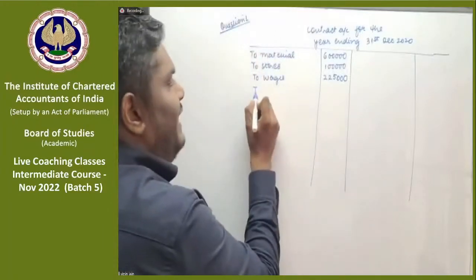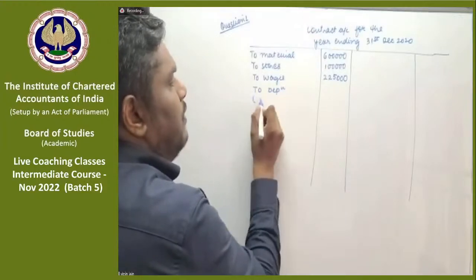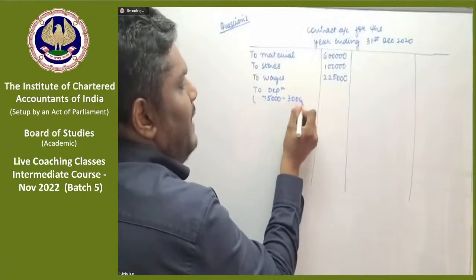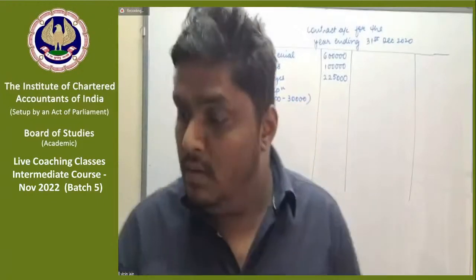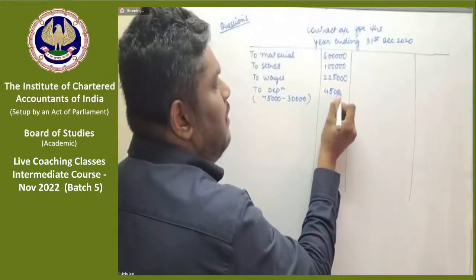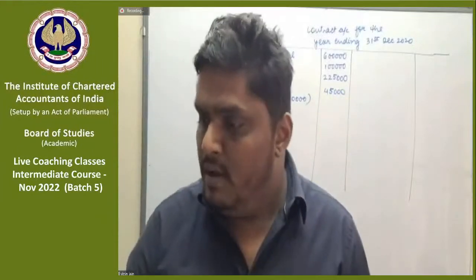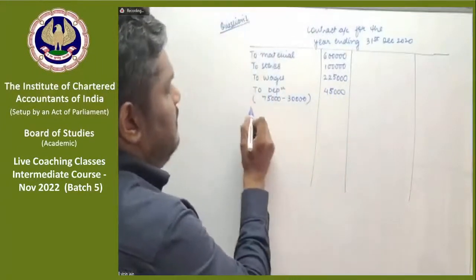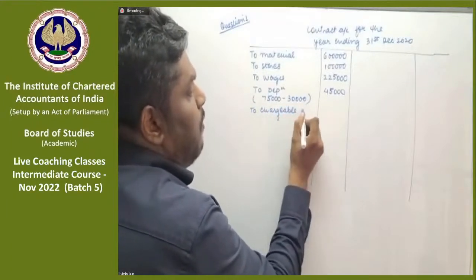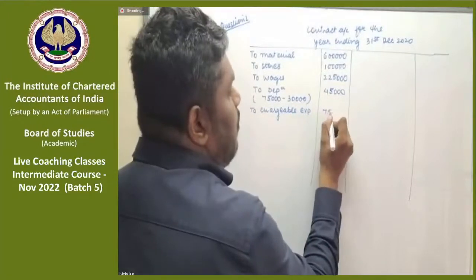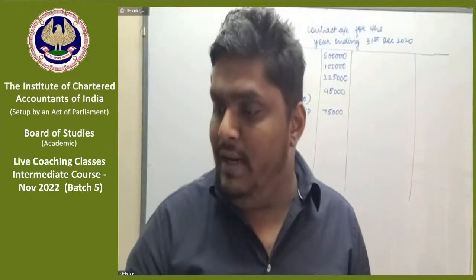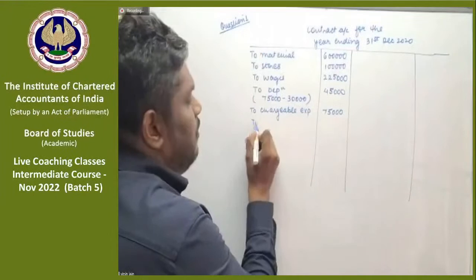So we will simply write depreciation. The plant that is supplied is 75,000 and the closing value of the plant is 30,000, so the net amount of 45,000 will be shown as depreciation. Chargeable expenses 75,000. Apportioned indirect expenses 25,000.